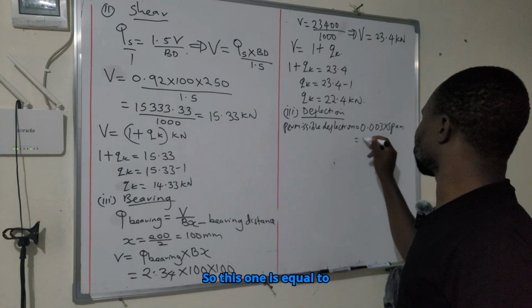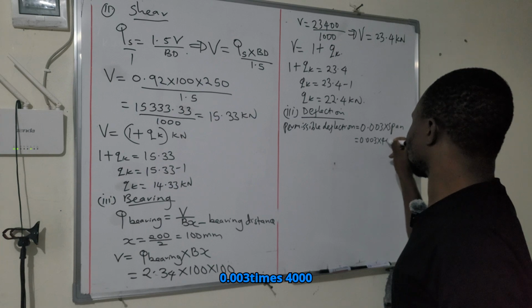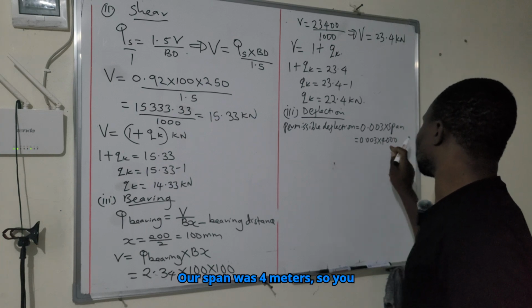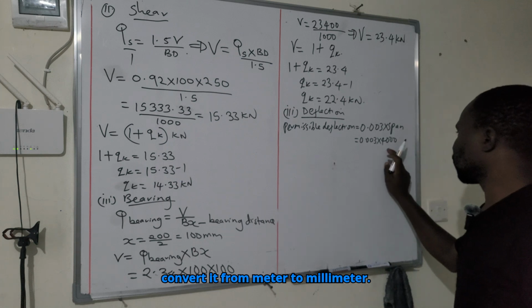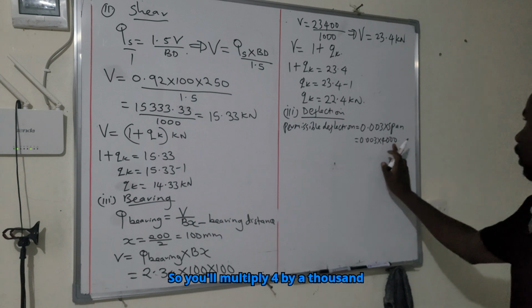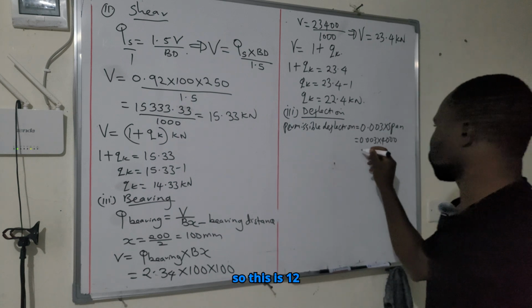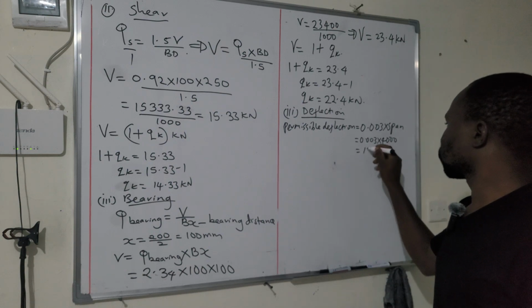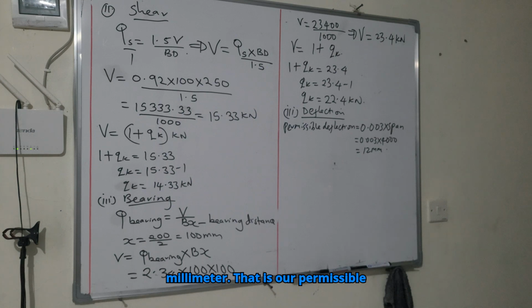So this one is equal to 0.003 times 4,000. Our span was 4 meters, so you convert it from meter to millimeter. So you'll multiply 4 by 1,000 and you'll get 4,000. So this is 12 millimeter. That is our permissible deflection.